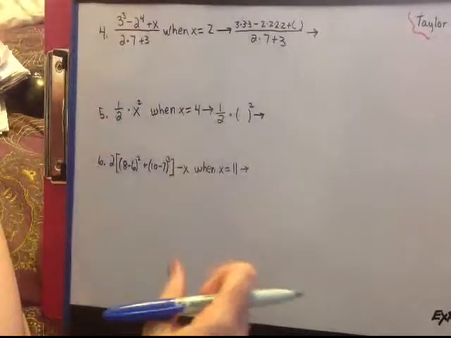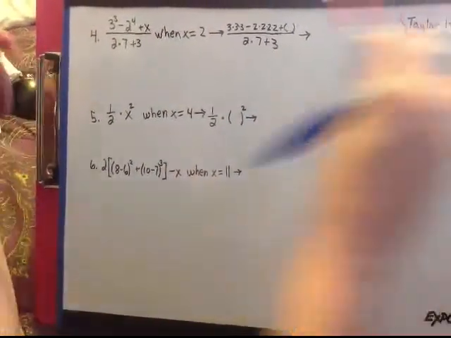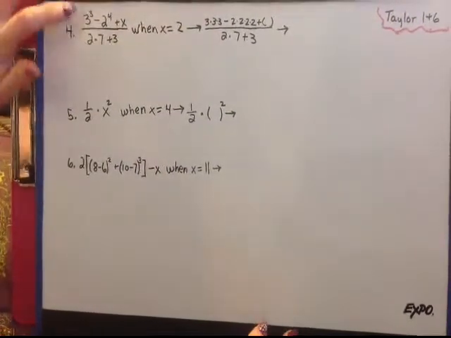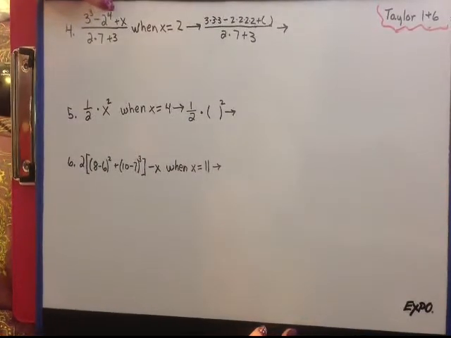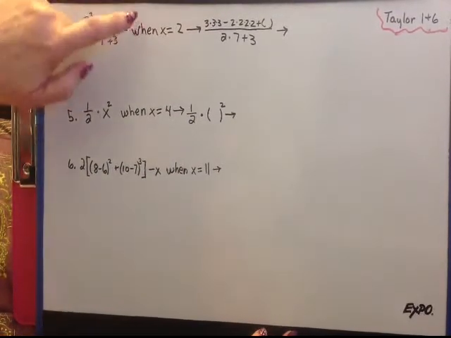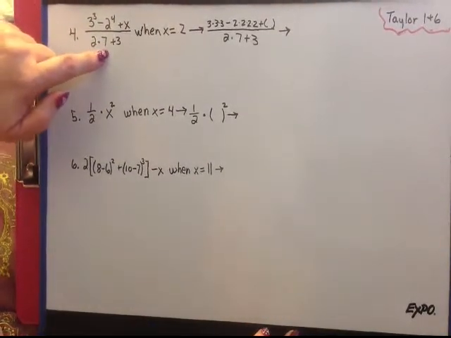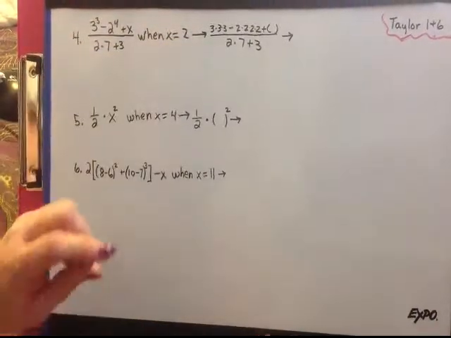Let's flip the board over, and you will see that we are still Taylor periods 1 and 6. And question number 4. 3 to the 3rd power minus 2 to the 4th power plus x, all of that stuff divided by 2 times 7 plus 3 when x equals 2.